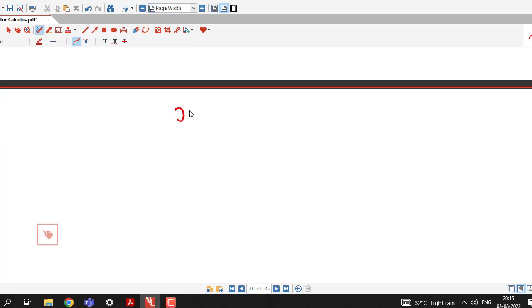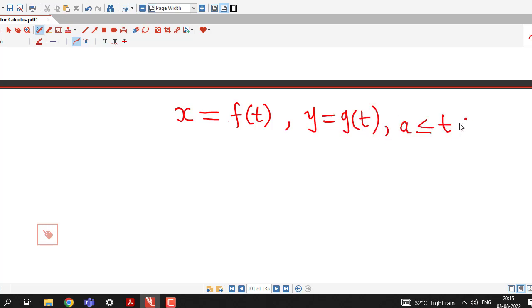Suppose our curve has parametric representation x equal to some function of t, and y equal to another function of t, and t lies between some two real numbers a and b.